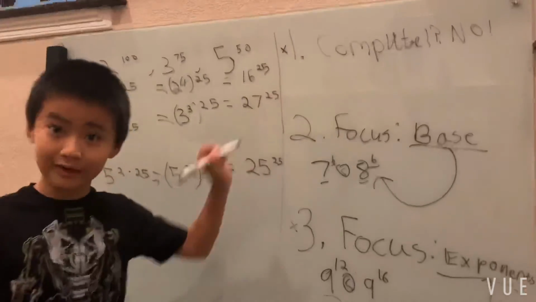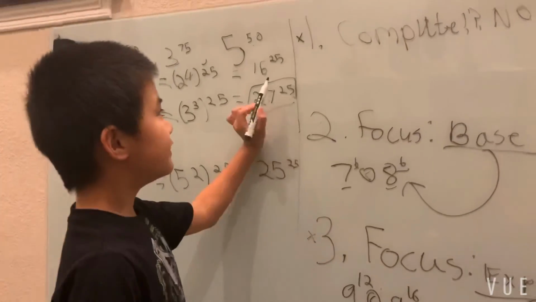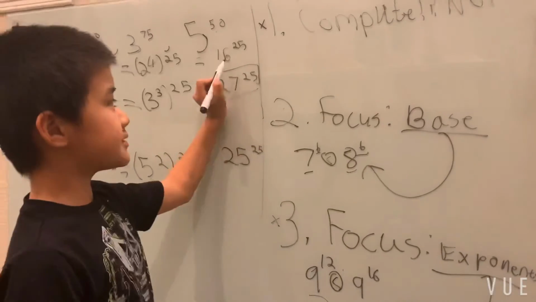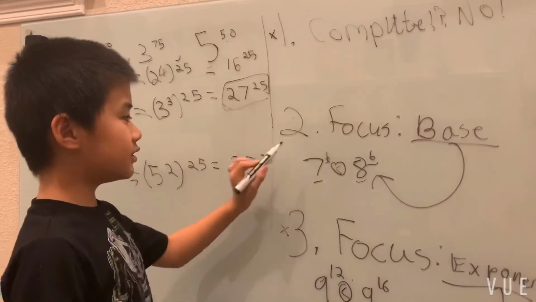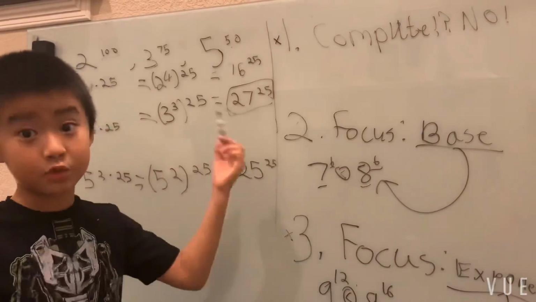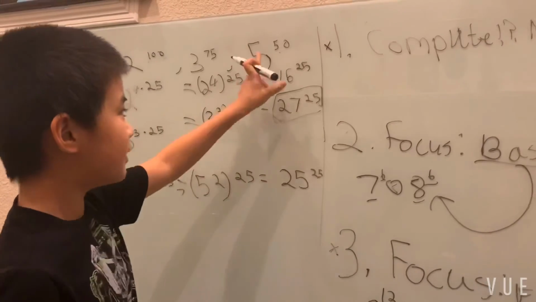Cool, 25, 25. So I just want to point out 2 more things. First of all, now I can order these with rule 2. Since our exponents are the same, all I have to do is focus on our bases, which are 16, 25, and 27.